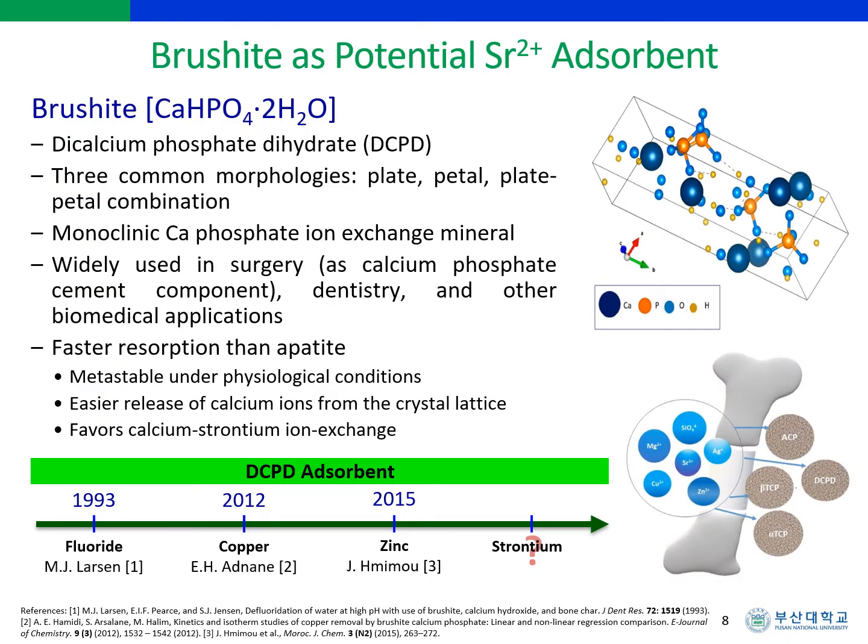Brushite, which is commonly known as dicalcium phosphate dihydrate, or DCPD, is another calcium phosphate bone mineral that can be considered as a potential strontium adsorbent.